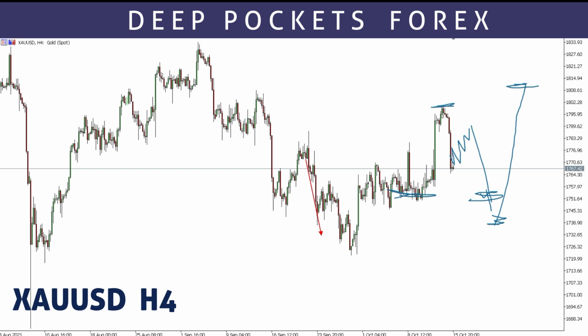And some pairs are not included in this analysis, and there's a reason for that. I want to predict pairs that are clear. So intentionally I would just put some pairs aside and not include them in the analysis, mainly because I want to give you pairs that are clear. If I predict gold, it has to be a clear structure so that I'm able to give you my best opinion.